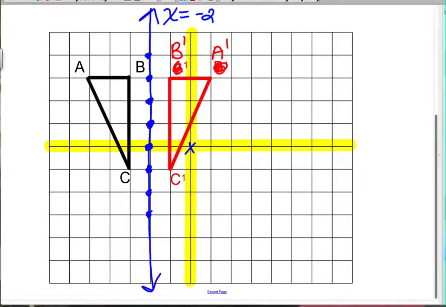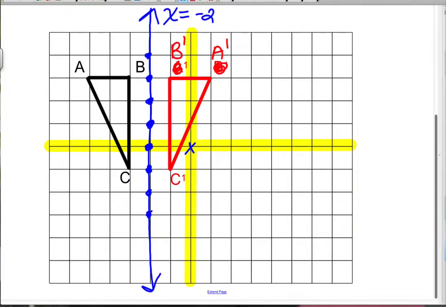Is B 1 unit away to the left and 1 unit away to the right? Yep. How about A? 3 away to the left, 3 away to the right. And C, 1 to the left, 1 to the right. I think this is correct. The rule is that we reflected it across the line where x equals negative 2.